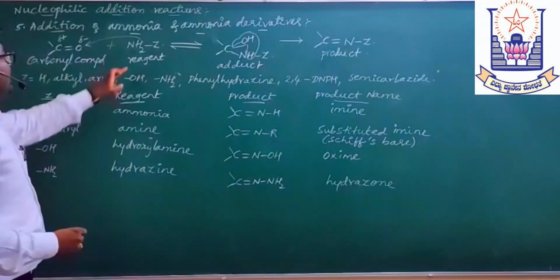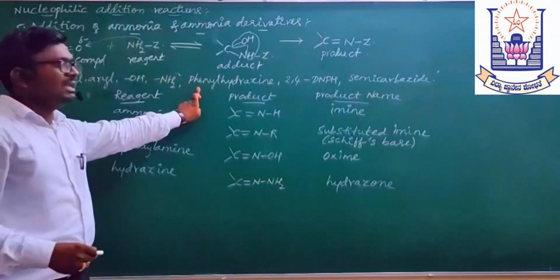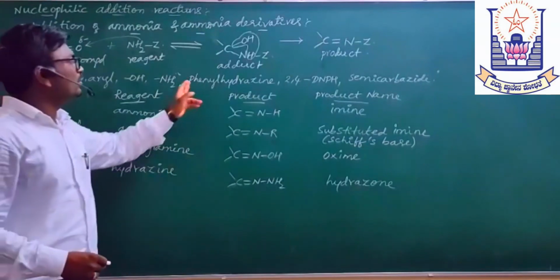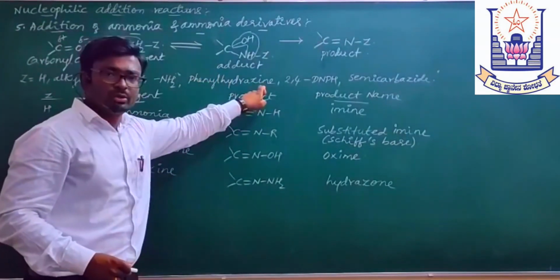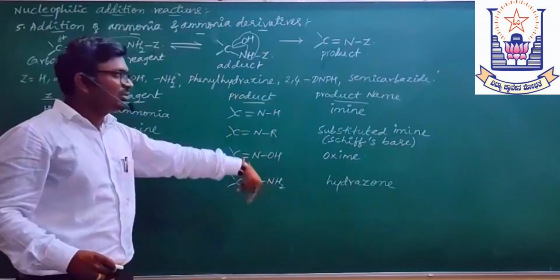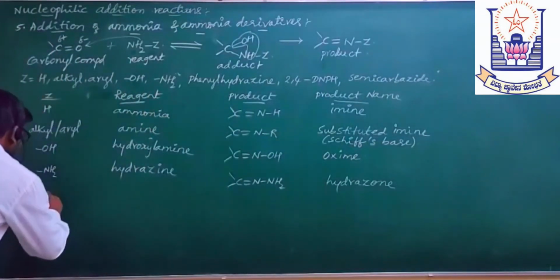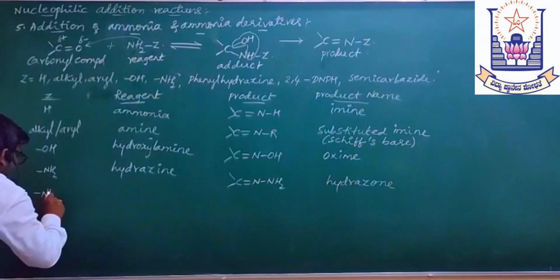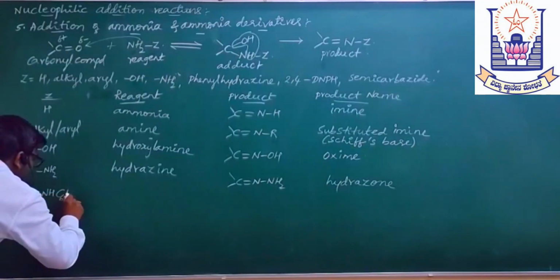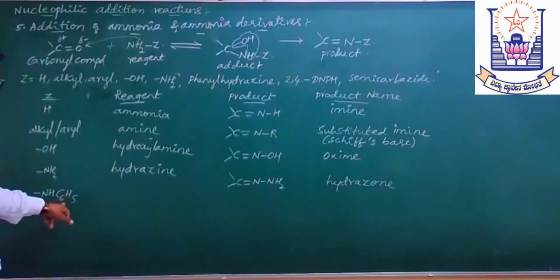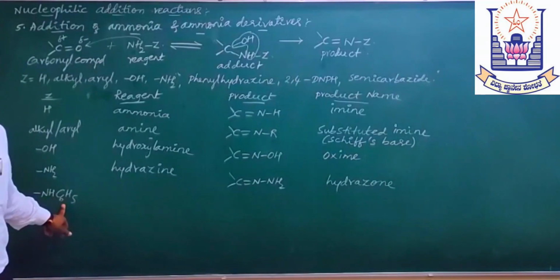When Z is phenylhydrazine, similarly, what will be the product? Phenylhydrazone. This hydrazine will become hydrazone. What is phenylhydrazine? This is the formula NH2 NHC6H5. In place of C6H5, you may take the benzene ring also.